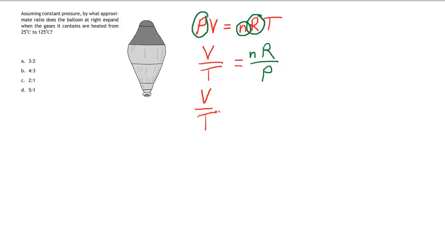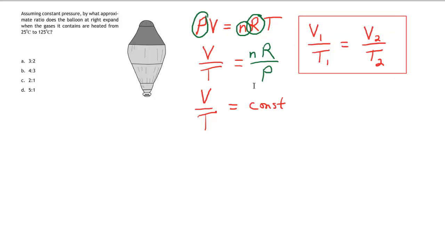For this particular question, my volume divided by my temperature is a constant value. Now what that means in terms of our before and after scenario is that my initial volume and my initial temperature, that ratio has to stay constant. So it has to equal my final volume and my final temperature. And this little equation that I'm going to put a box around is the one we're going to use.